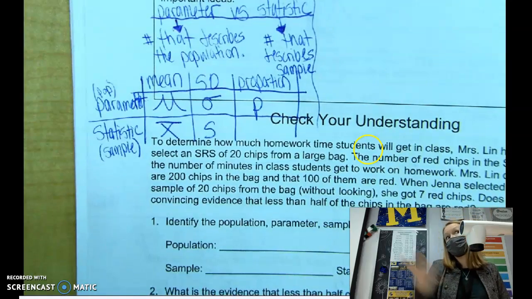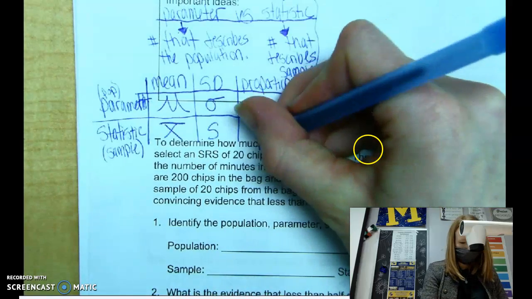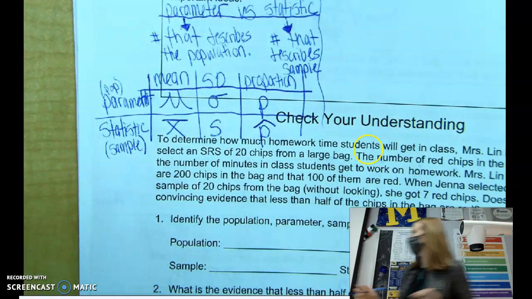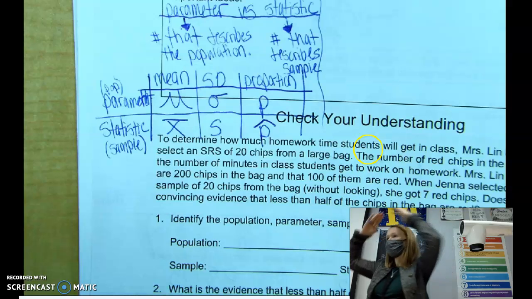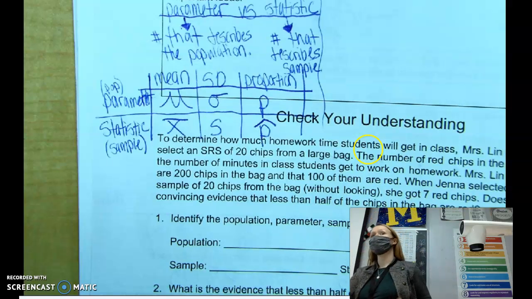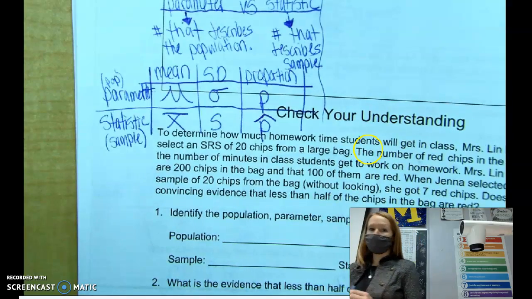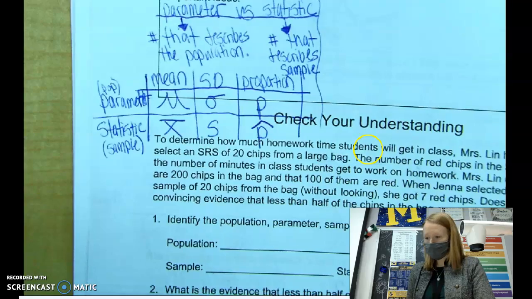For population, it's just a P. But for a sample proportion, you're going to need a p hat. So remember the hats we used to approximate the linear regression line? We put a hat over the y. Kind of the same thing with proportions. We're giving it a hat because this is an estimate of the population.